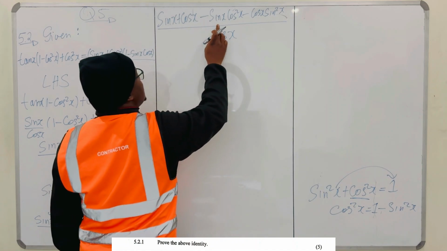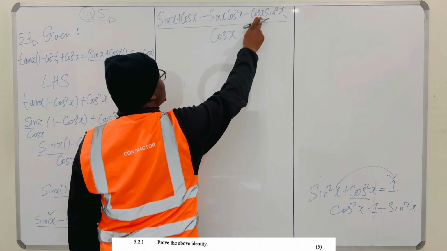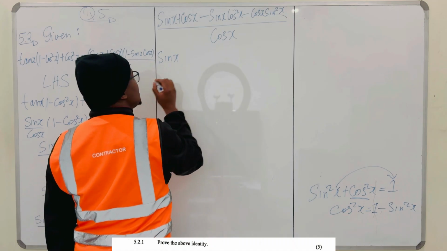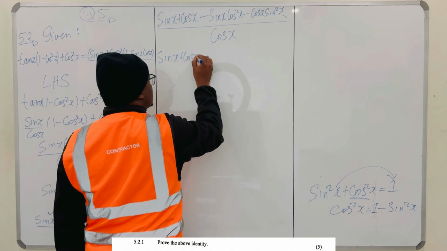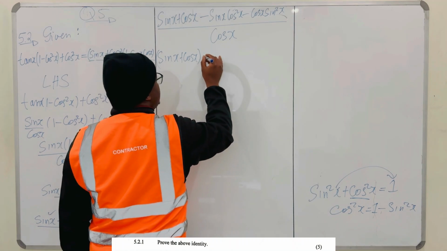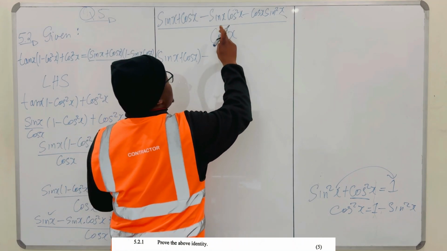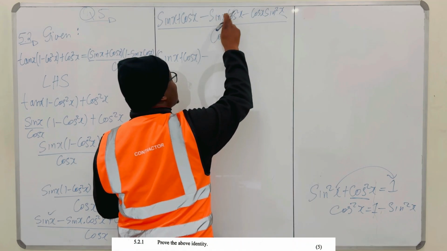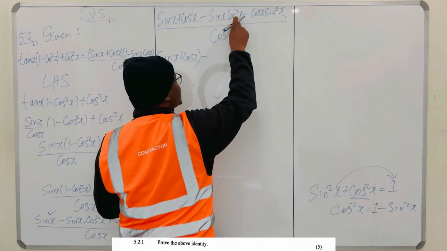So let's take sine x and cos x as common factor on both of these sides. So you have your sine x plus cos x, which is this part here, minus, take sine x and cos x as a common factor. If you take sine x and cos x as a common factor, you'll be left with cos x here.